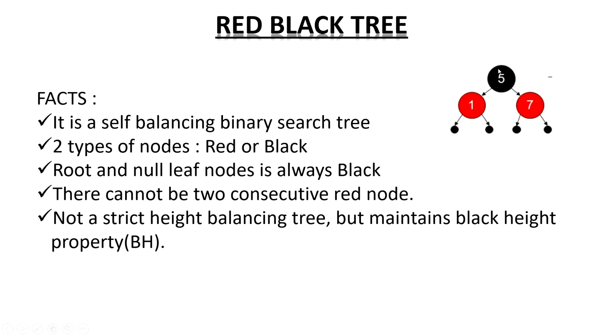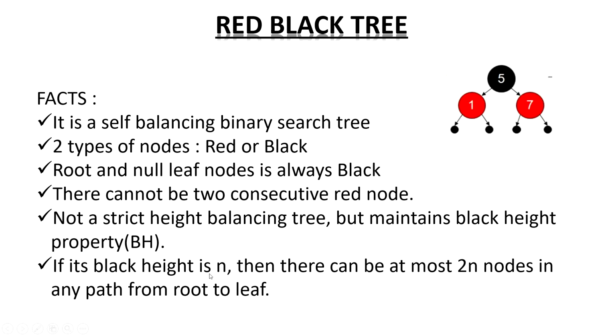If we consider either of these paths, there is one black node. So this node has a black height of 1, but this node has a black height of 2. So the red-black tree maintains the black height property.